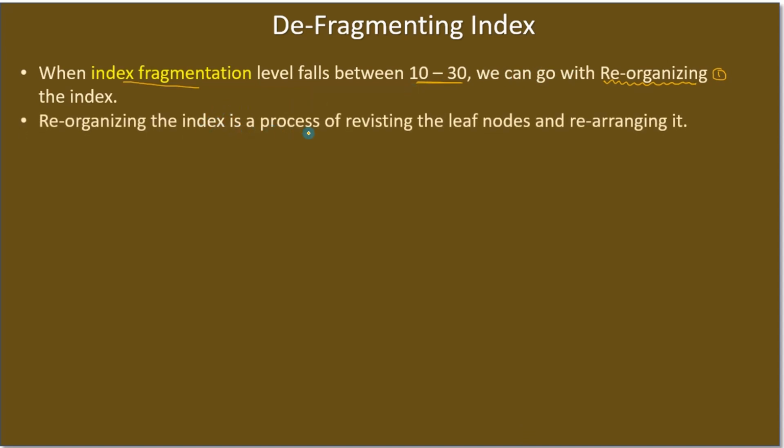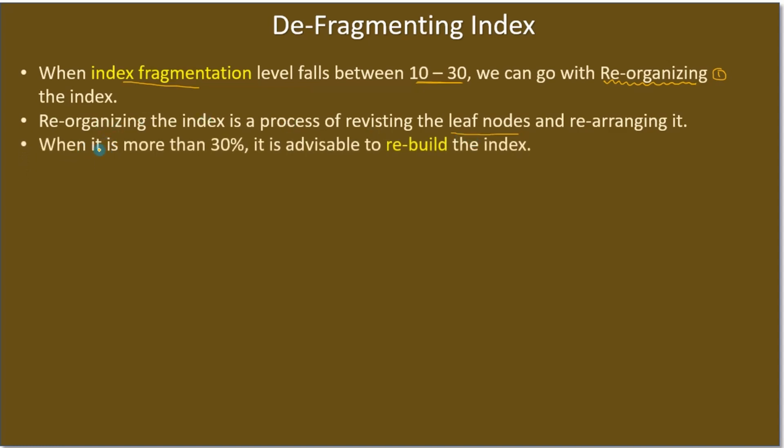Reorganizing the index is a process of revisiting the leaf nodes and rearranging them. If you want to know more about the leaf node in the index, you can refer to our sub-series about the index. There we talked about leaf node and paging. So simply, reorganizing means it will revisit the leaf nodes and rearrange them.